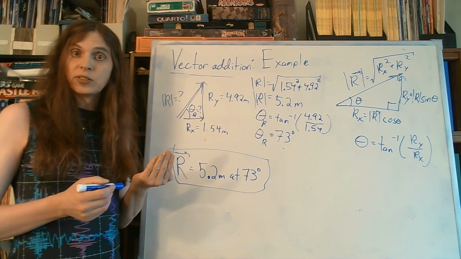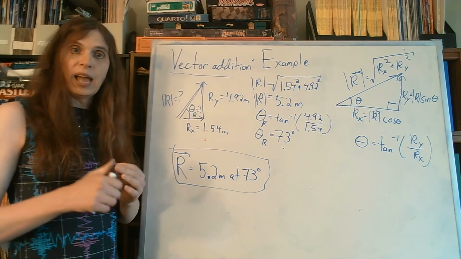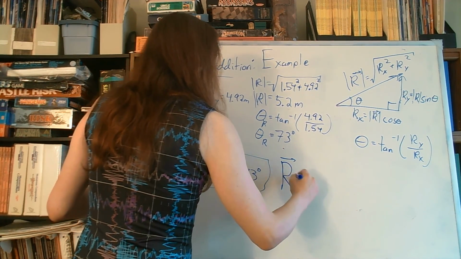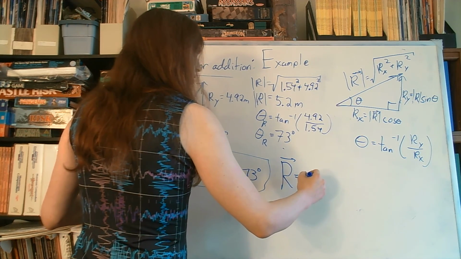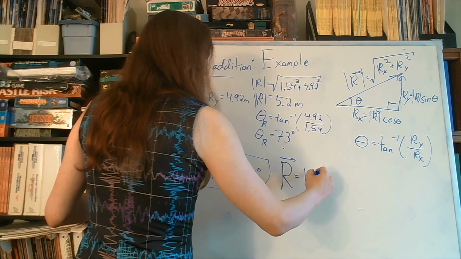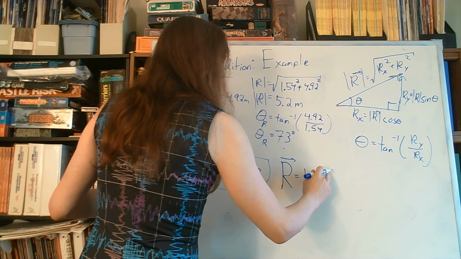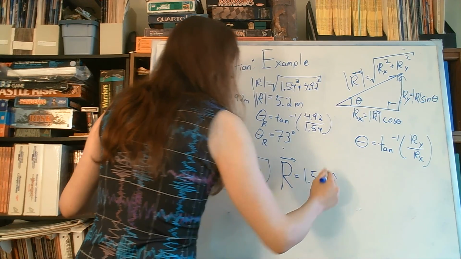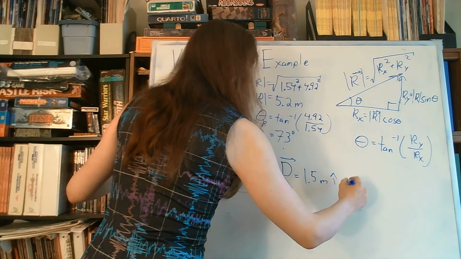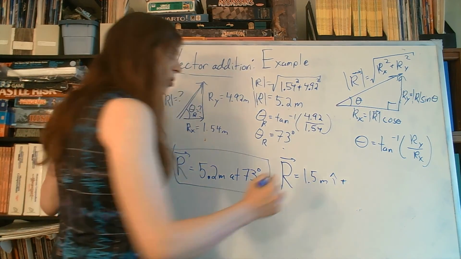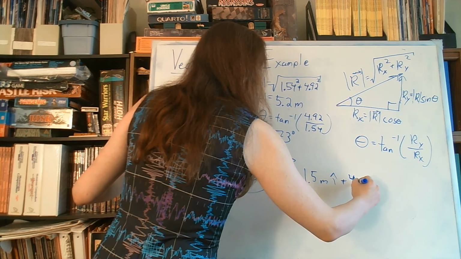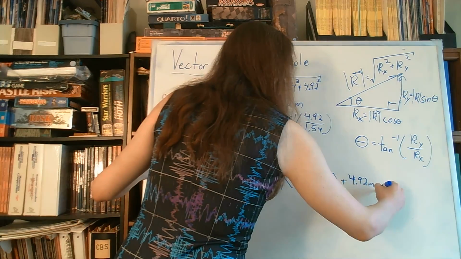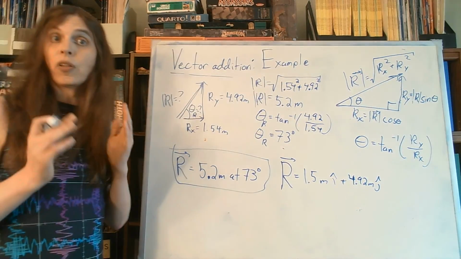In terms of those unit vectors, we're working with the components and the directions they're oriented, and so it's equivalent to say that this is 1.5 meters along the x-axis, which in these unit vectors is the i hat direction, and it's about 4.92 meters along the positive y direction, which is called the j hat direction.